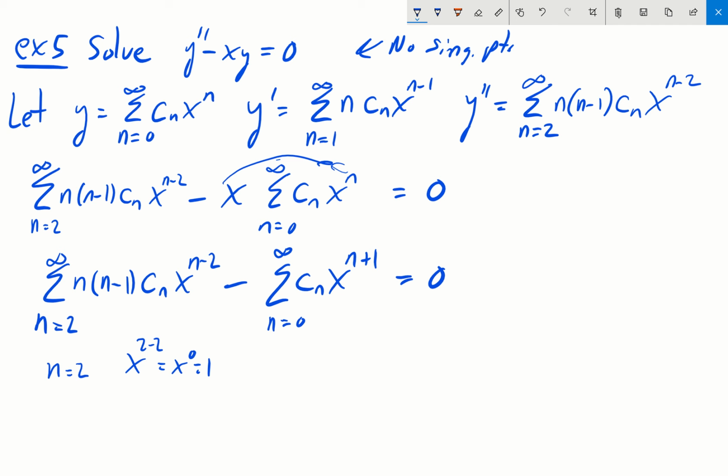Over here, when n is equal to 0, where this series starts, it's going to begin with an x to the 0 plus 1, which is an x to the first term. In order to get them to start at the same power of x, let's break off and write the first term of this series, which would be the constant term.